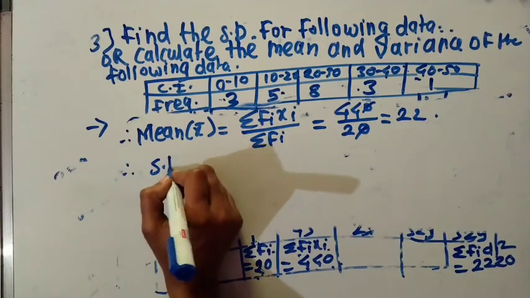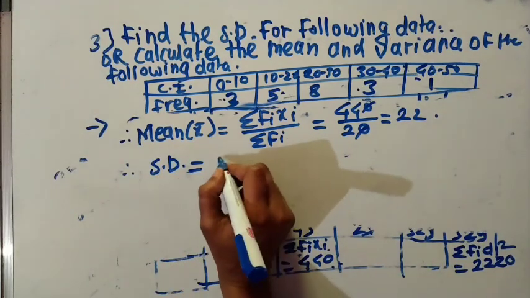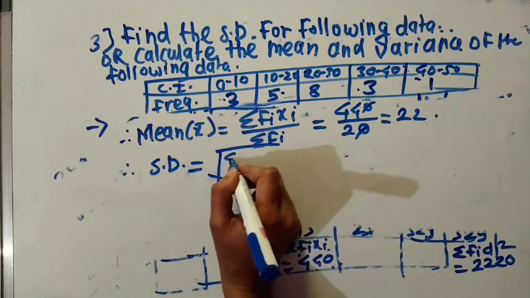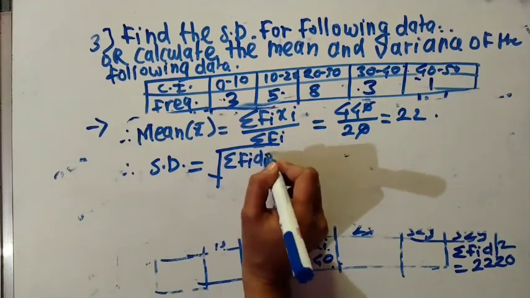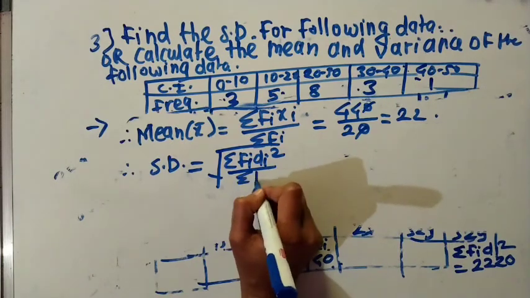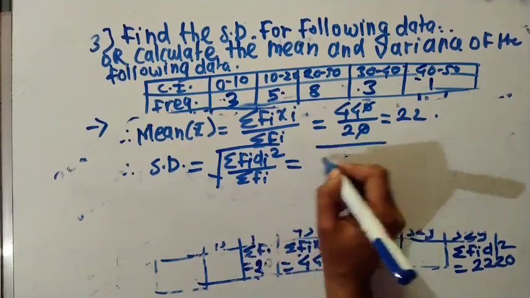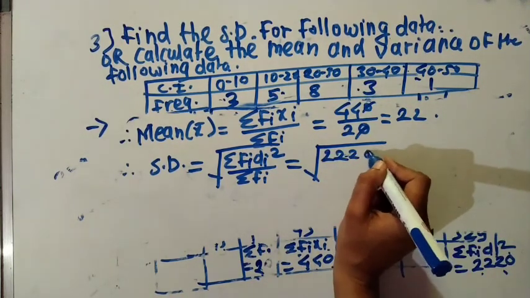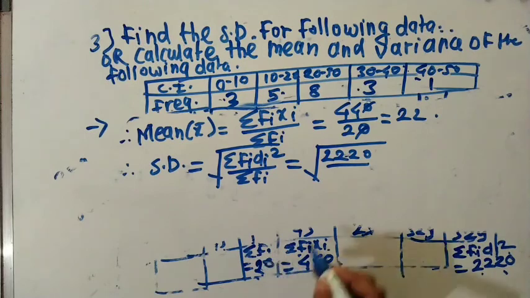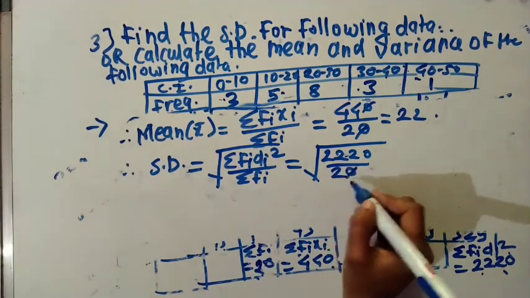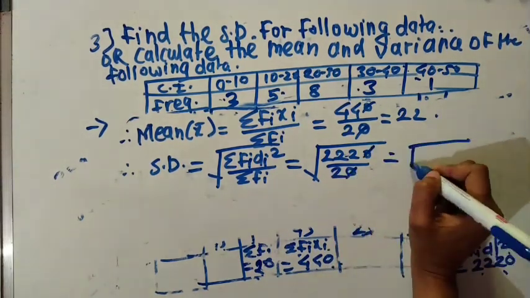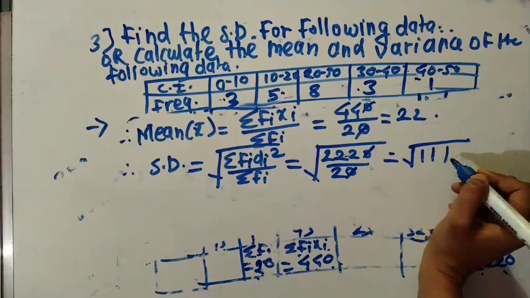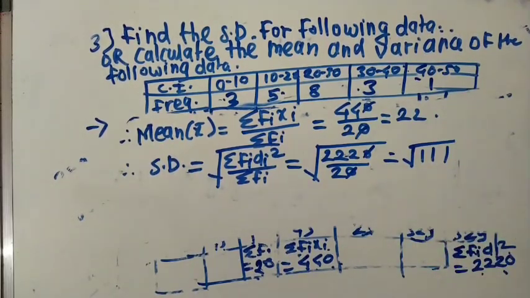And standard deviation is equal to root of summation of fi di square upon summation of fi, which is root of 2220 upon 20. The zeros cancel, so it is 111.